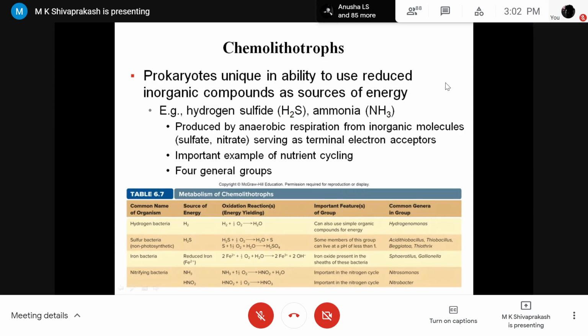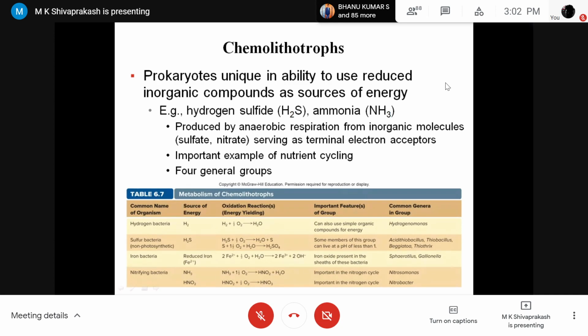Chemoautotrophs are otherwise also called chemolithotrophs. Lithos means inorganic, elemental, so it is used synonymously. Chemoautotrophs or chemolithotrophs, one and the same. Photoautotrophs or photolithotrophs, one and the same. Coming to autotrophs, first we shall consider the chemolithotrophs.